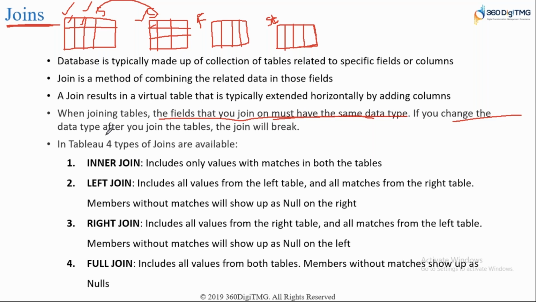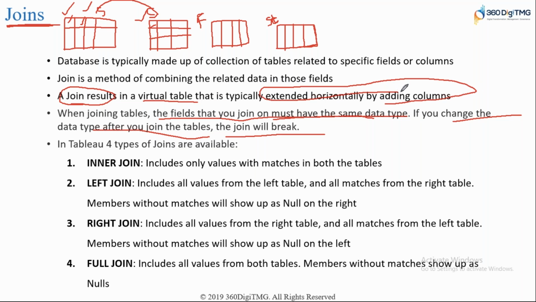If you change the data type after you join the tables, the join will break. Okay, so join basically gives you a feeling that you are combining data coming from multiple tables and virtually creating a much bigger table out of it by combining the columns together.